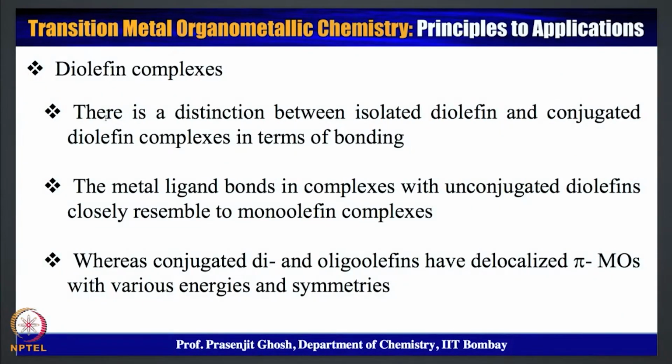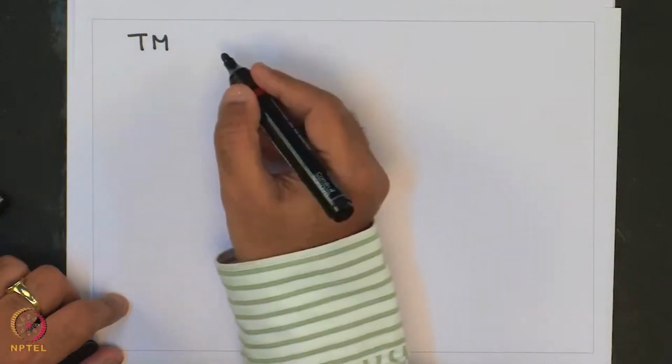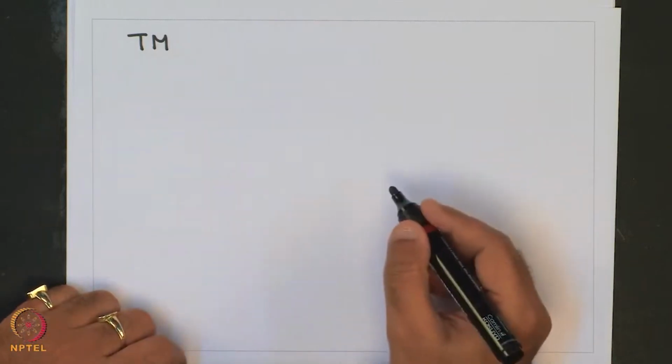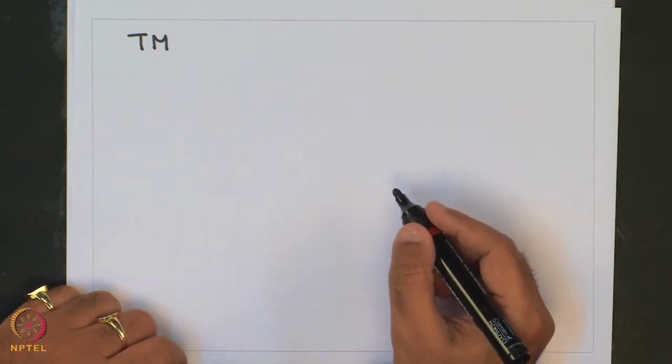Now, with that we will move on to a new topic after finishing up this reactivity and bonding aspects of metal olefin complexes. Next, we are going to discuss something related to transition metal olefin complexes, and these are transition metal diolefin complexes. These are a closed variety of transition metal olefin complexes, and hence would be treated from the perspective of what we have understood on transition metal olefin complexes.